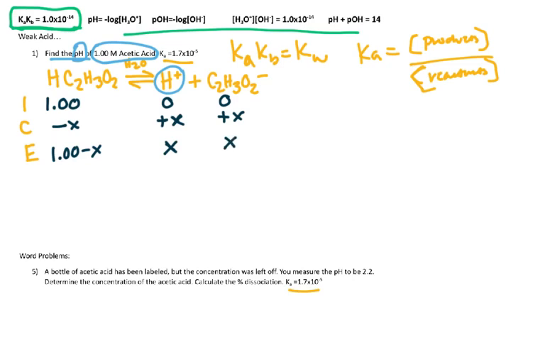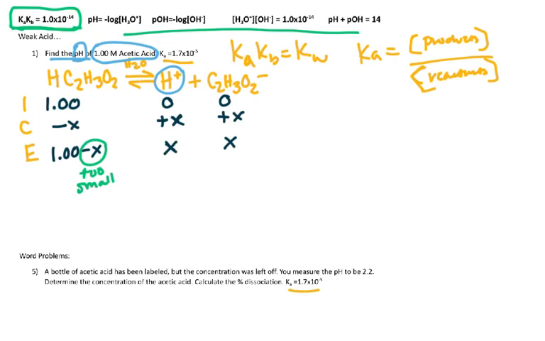With weak acids, for the purposes of this class, we are going to make an assumption here that this change is too small to have an effect. Basically, due to sig figs, whatever number the hydrogen is, when we subtract it from 1, because of sig figs, we're still going to get 1.